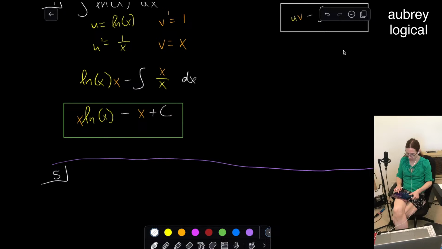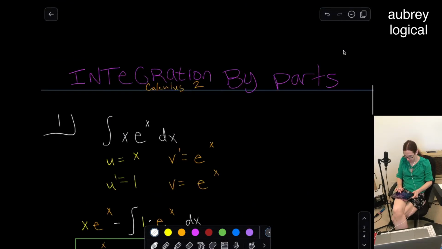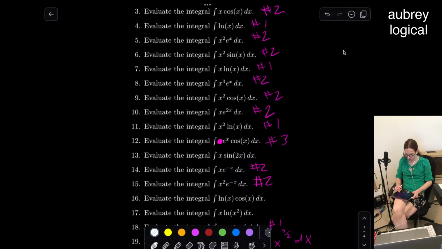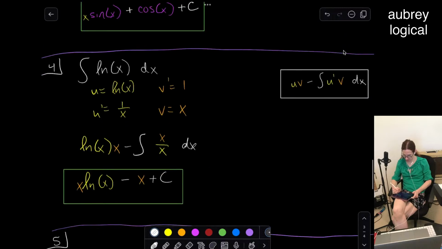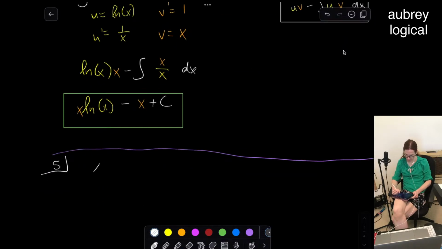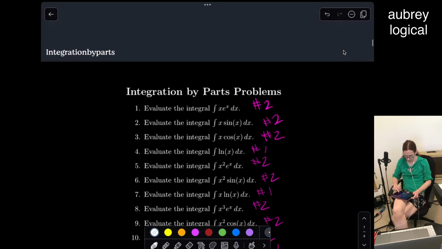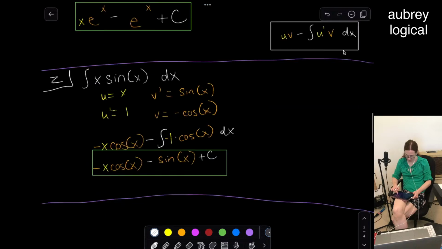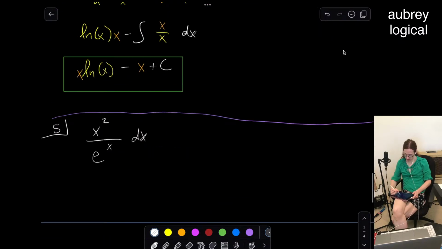Okay. Next problem is x squared times e to the x dx. I might be wrong. Yes, it is. I don't know why I said one thing and wrote the other. Okay, so here's our integral.